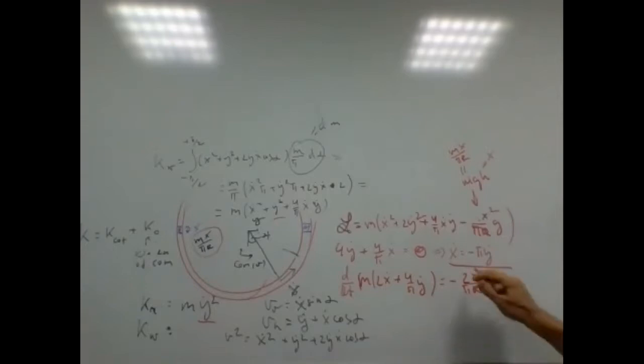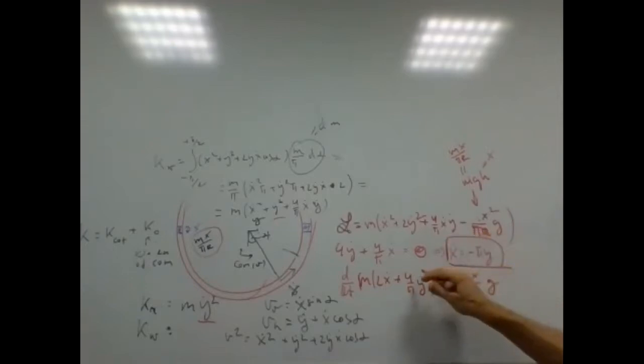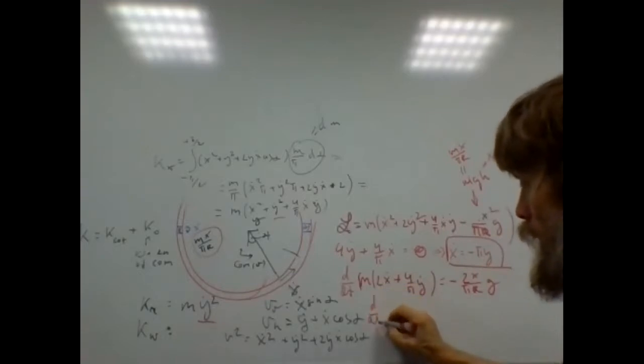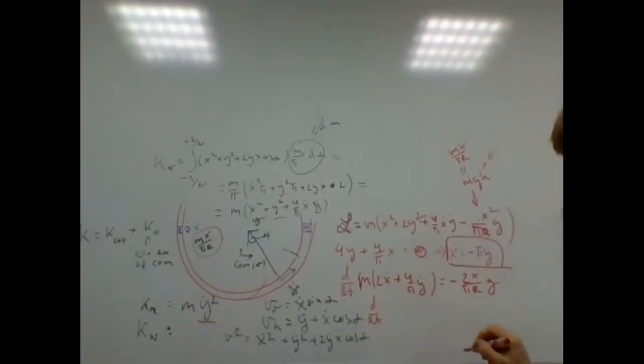And now we can substitute this thing over here into here. So we have now d over dt. I think mass is also here, but mass is cancelled away. Now, if we put y dot as x dot divided by pi, this goes to pi square.